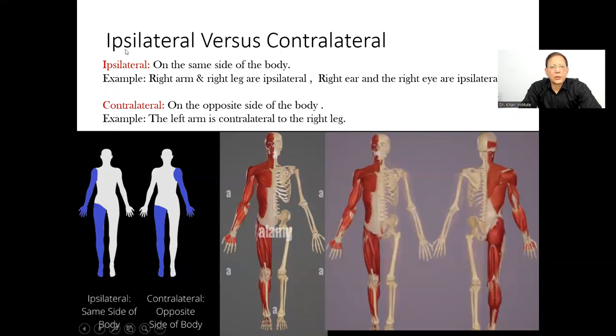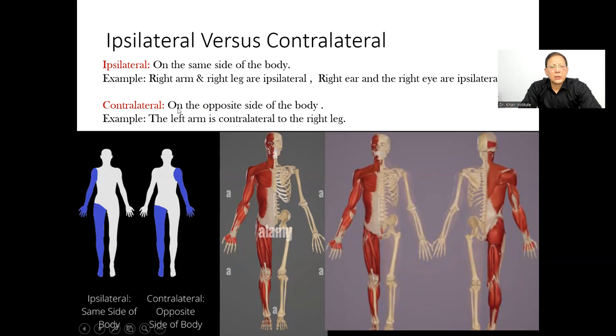Ipsilateral versus contralateral. Ipsilateral means on the same side of the body. For example, the right arm and the right leg are on the same side of the body, so we will say ipsilateral. Right ear and right eye are also on the same side of the body, so we will use the term ipsilateral.